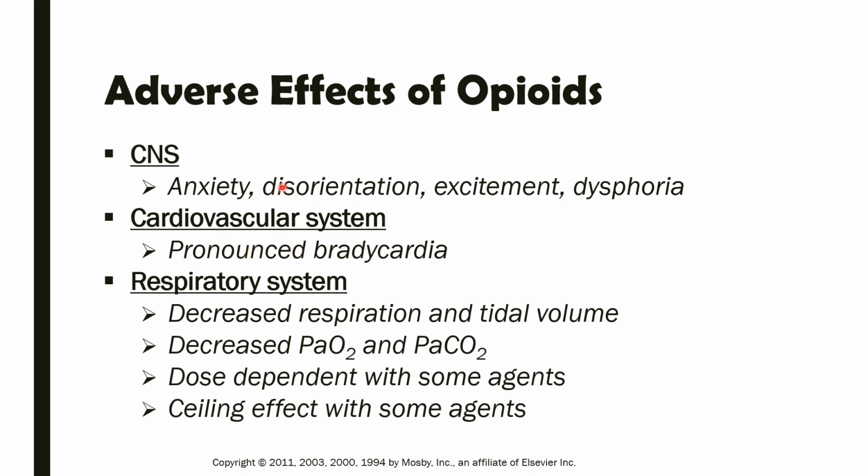For adverse effects like dysphoria, severe excitement, and disorientation, you can reverse this. You can use a reversal agent, and we have naloxone as a reversal agent for some of these adverse effects of opioids.